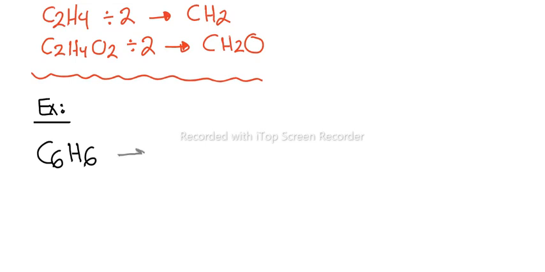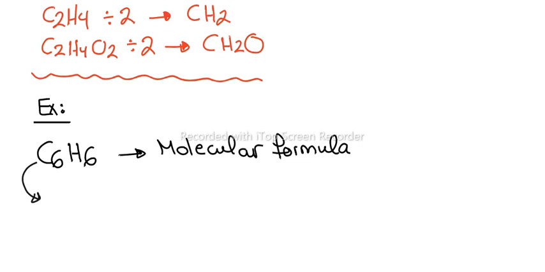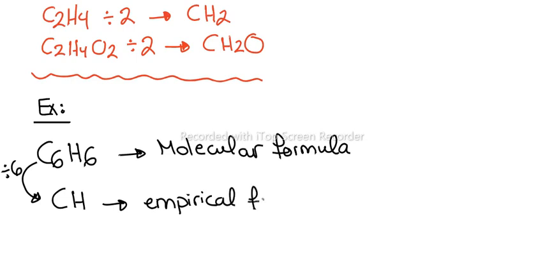Yes, that's right. This molecule is the molecular formula. It's not an empirical formula. And definitely, if I want to rewrite it into empirical, I can divide over 6. So my final answer is CH. And now I have the empirical formula.